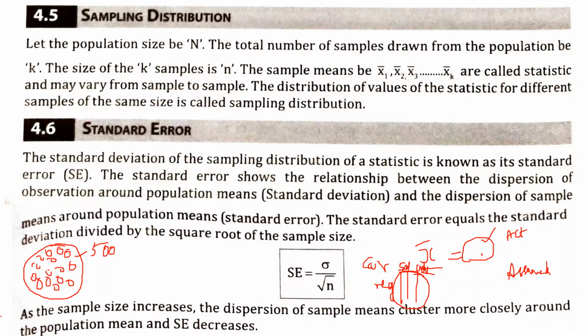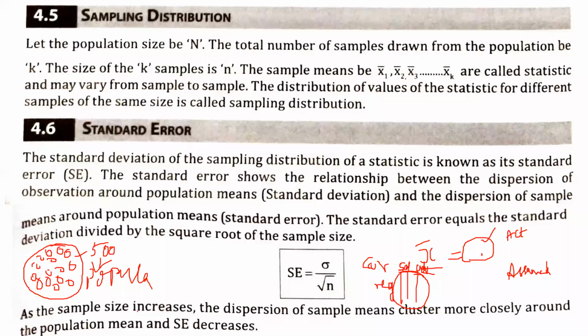So the total number of color balls in that bag is 500. So 500 is the total number of balls present in the bag, and this will become the population.